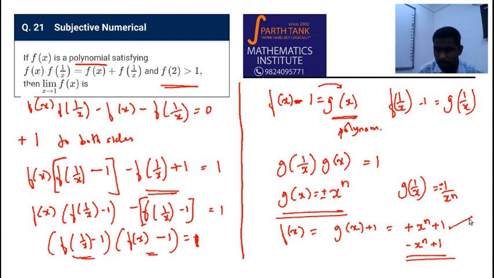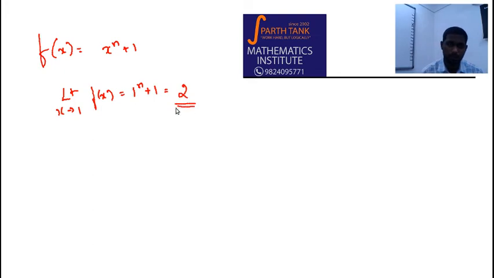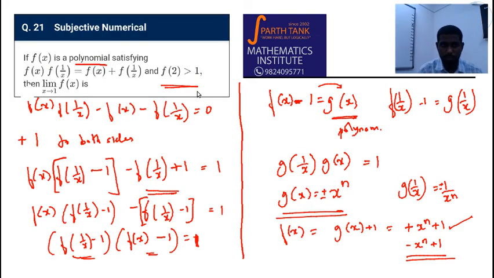Therefore, the plus form will always result in f of 2 greater than 1. So, f of x is x raised to n plus 1. Once you know this, limit x tends to 1 of f of x is 1 raised to n plus 1, which is 2. So the answer to this problem is 2.